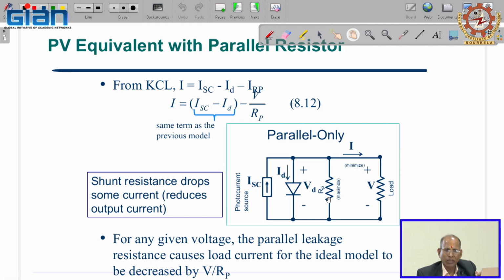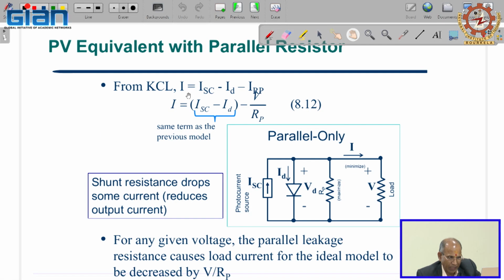First we consider only the parallel resistance, and find the current, a simple circuit to analyze. The slides explain this nicely: this current I will be ISC minus ID, and the current through RP will be VD divided by RP, because in parallel the voltage is VD.